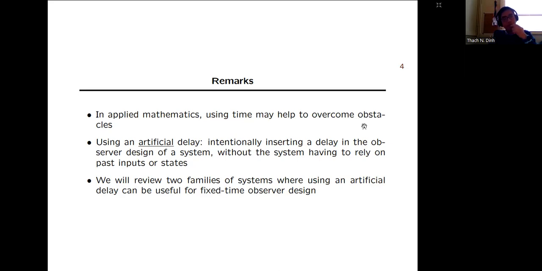So here, in the frame of this talk, I will use an artificial delay. By artificial, I mean I will intentionally insert a delay in the observer design of a system without the system having to depend on the delay or to rely on past inputs or states. And I will review two families of systems where using an artificial delay can be useful for fixed time observer design.